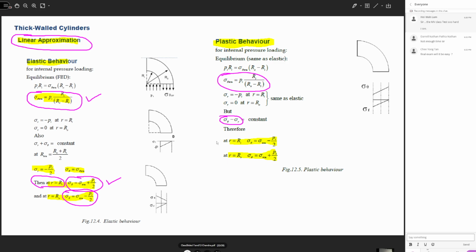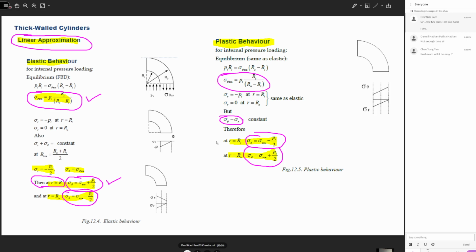But essentially, at the inner radius, the tangential stress sigma theta will be sigma average minus inner pressure over 2. Then at the outer radius, the tangential stress will be sigma average plus inner pressure over 2. So what we can learn from here is that, I'm sorry.